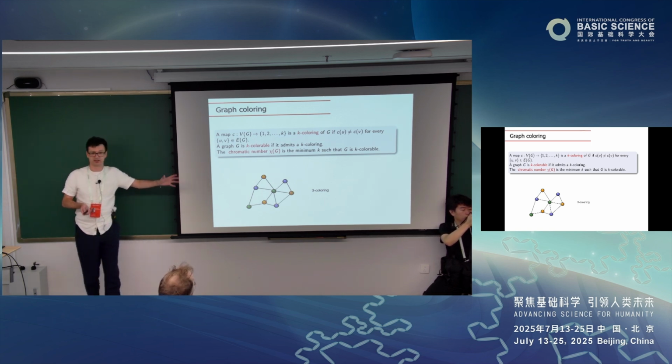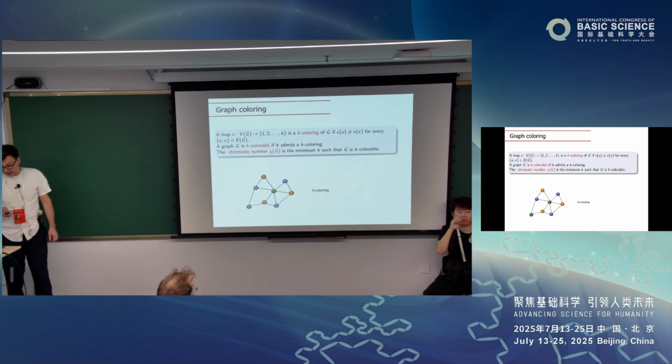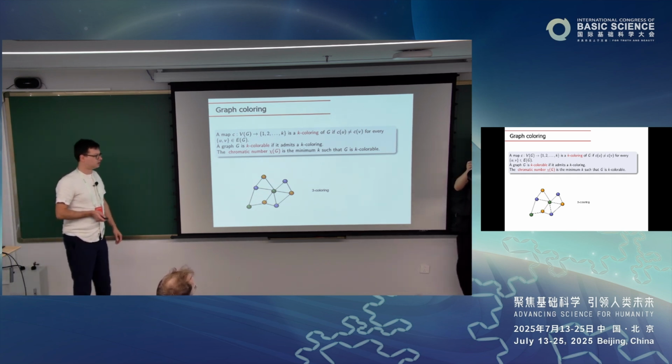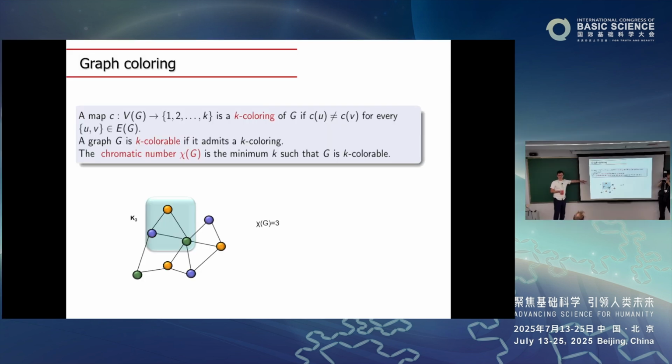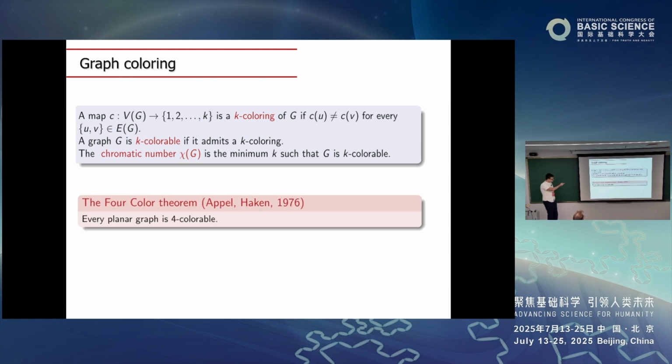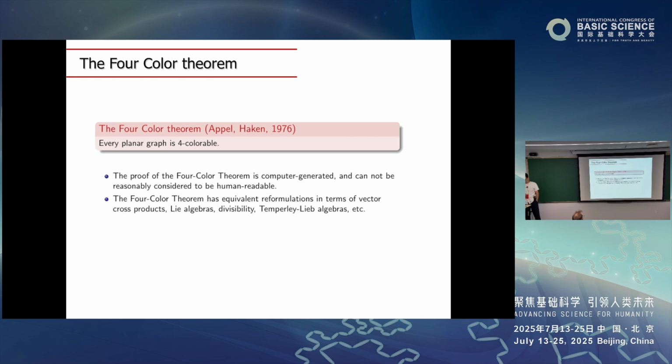One can three-color this particular graph, but one cannot color it with fewer than three colors because there is a triangle in this graph, three pairwise adjacent vertices, so they need three different colors. So that shows that in this example, the chromatic number is 3. In general, determining chromatic number is a very hard problem, but the four-color theorem in this language says that every planar graph is four-colorable.